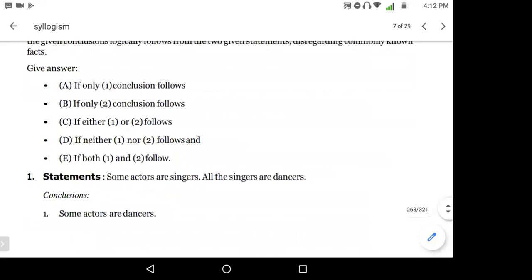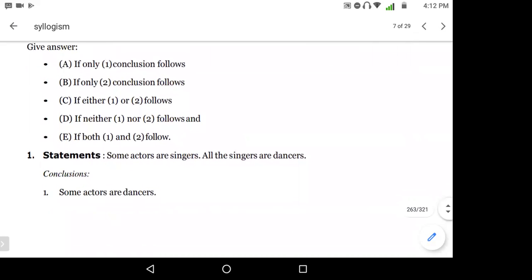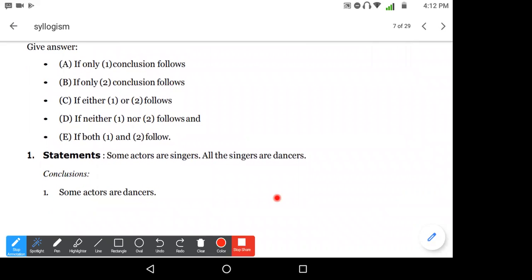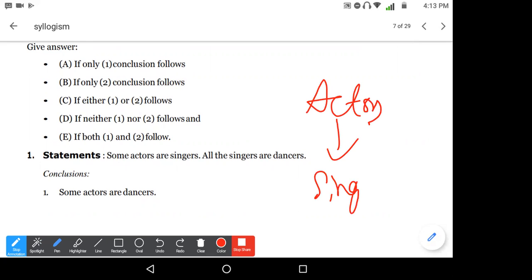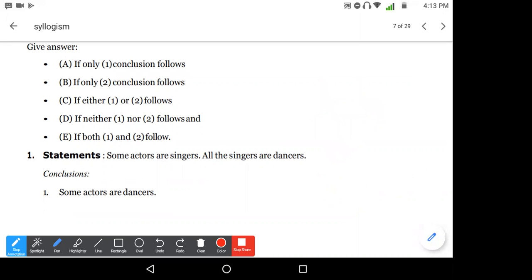Now let us see the statement. Some actors are singers. All the singers are dancers. So this is what they're saying. Now let us use a Venn diagram to understand this.